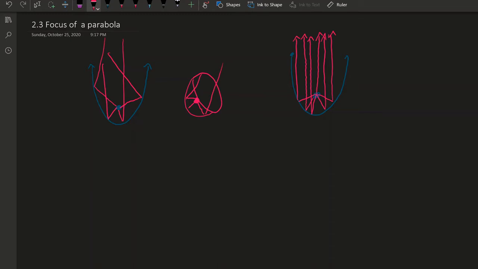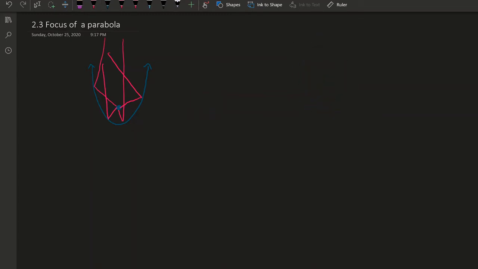Now, there is another piece of the parabola that becomes very useful to us when we are writing equations for modeling with this. So, I'm going to go ahead and draw this again. And right there, that is the vertex of the parabola, and directly above the vertex is something called the focus.